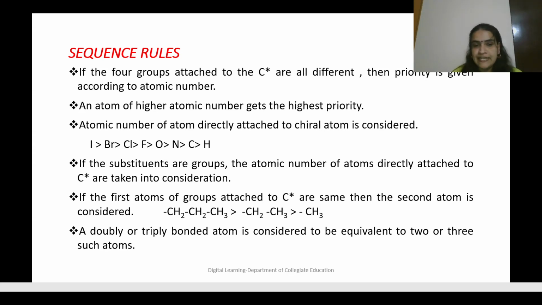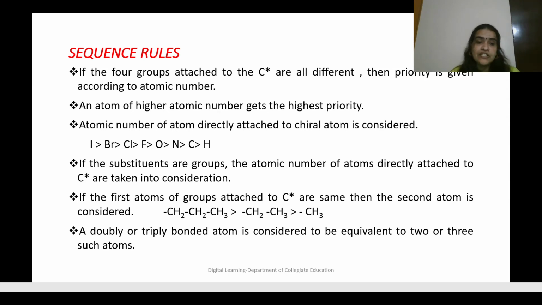If CH2, CH2, CH3 is one group, then CH2, CH3 is the second group, then CH3, the methyl group, will be getting the lowest priority because in the methyl group the carbon is connected to 3 hydrogen atoms, whereas in the ethyl group the carbon is connected to 2 hydrogens and 1 carbon. So we take that group as the highest priority. So if there is propyl, ethyl and methyl group, the propyl group will be getting the highest priority, then comes the ethyl group and finally the methyl group.